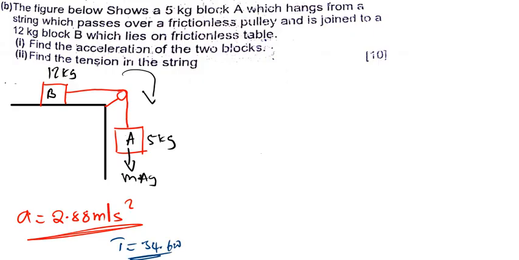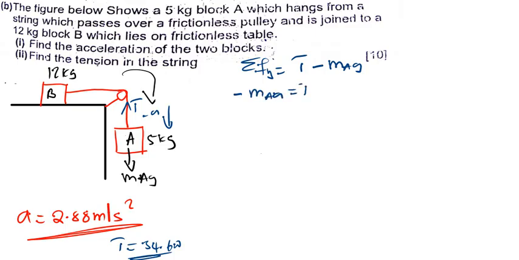You first come up with a free body diagram on each block. I'll start with the first one. We said that the tension force is here, then the acceleration is coming down, so it's negative a. So you say the summation of forces in y direction, the tension force acting upward minus the weight force, which is mag. Replace this by that, should be equal to that.